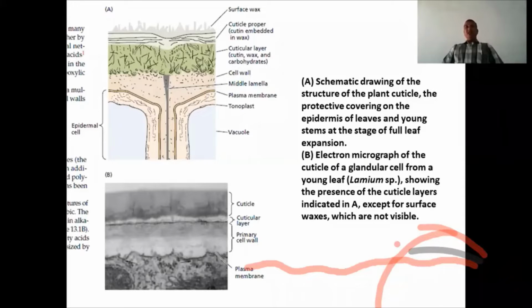Triacylglycerol is a more common simple lipid, whereas wax is a complex kind of fat, and it is a very important component in the cuticle, which helps in defending the plant from its various enemies.